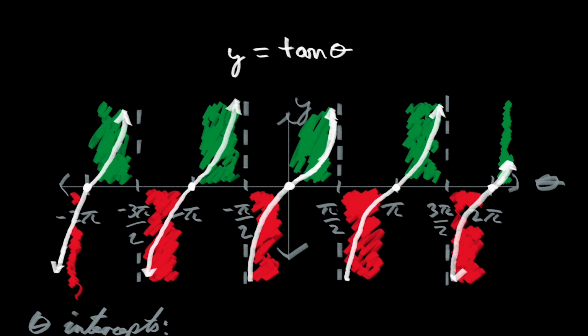This symmetry really follows from the unit circle, the fact that a unit circle is symmetrical. The asymptotes are a consequence of the fact that tan of theta is a quotient, and therefore we'll have values where it's undefined, specifically the values that make the denominator equal to 0. The intercepts, we found the theta intercepts from setting y equal to 0, and we found the only y intercept from setting theta equal to 0.